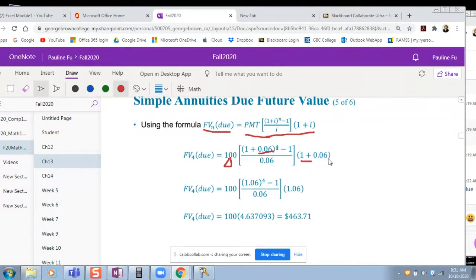And then you have to times this 1 plus I. You plug in all the numbers, and you also get the same number, 463. So that is the simple annuity due future value.